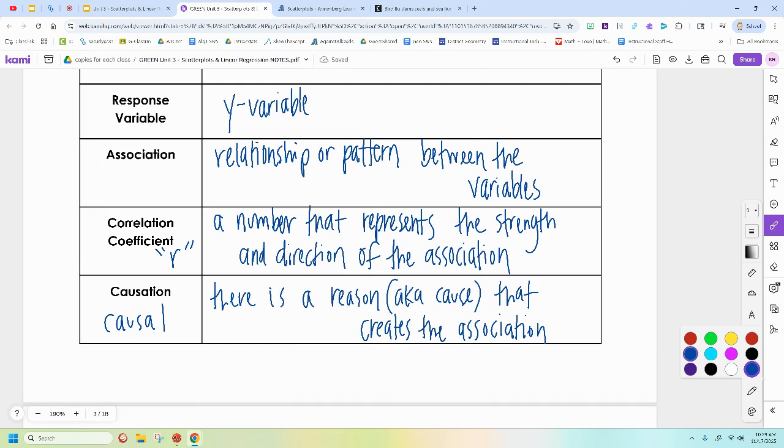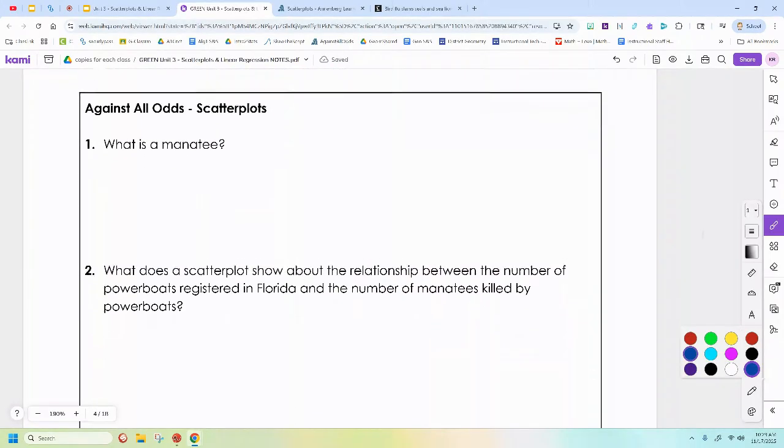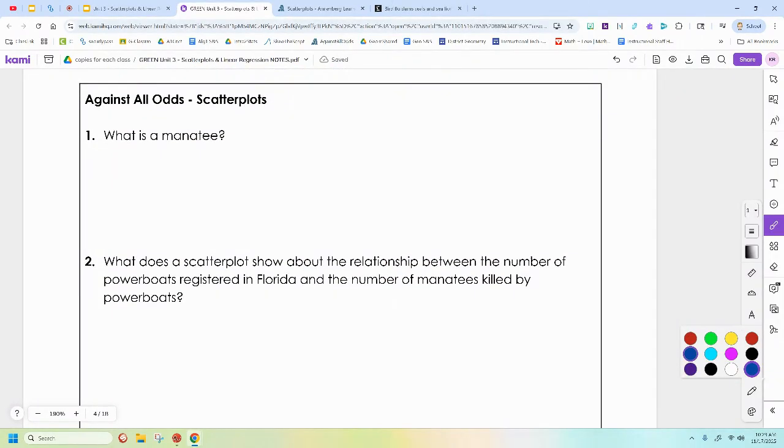All right, let's go ahead and turn the page. So this is our Against All Odds video. Our main character is a manatee. So what is a manatee? An animal. Yeah. There's going to be a relationship. And while the context of this video might be a little bit downhearted, it's between the number of powerboats registered and then the unfortunate number of manatees killed.